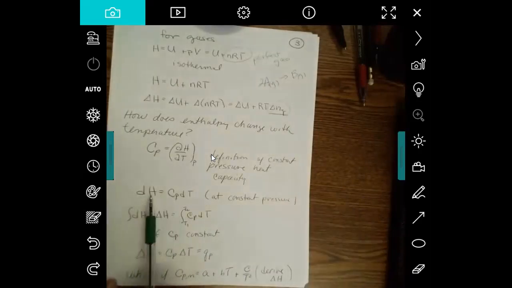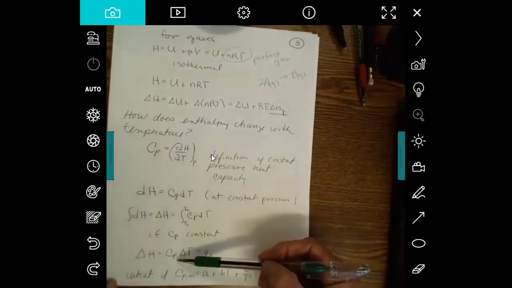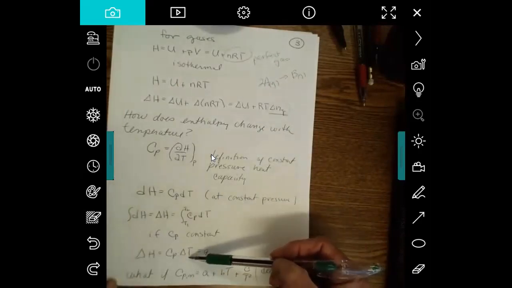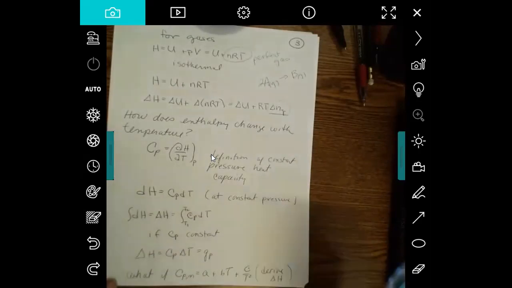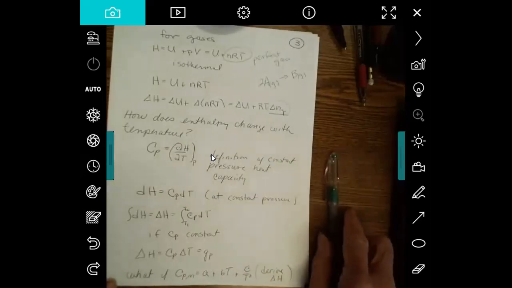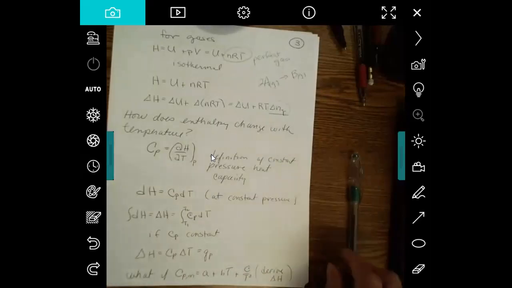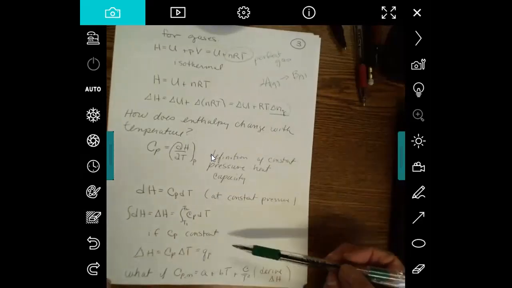So if we're at constant pressure, we can just rearrange this, take the dT over here. Then we can integrate both sides, and we will find that delta H equals heat capacity at constant pressure times delta T, given the Cp is constant, and that's equal to whatever you would measure as a heat transfer at a constant pressure. So in one of those isobaric calorimeters. So what if the heat capacity isn't constant?